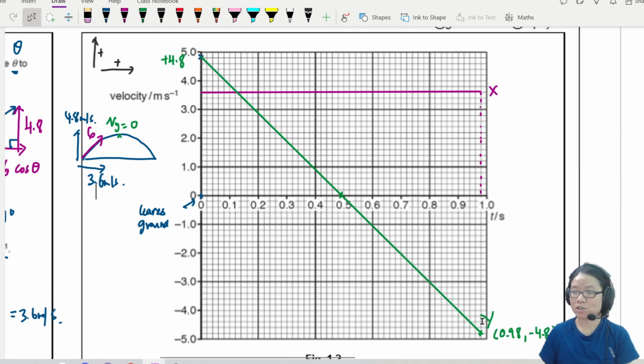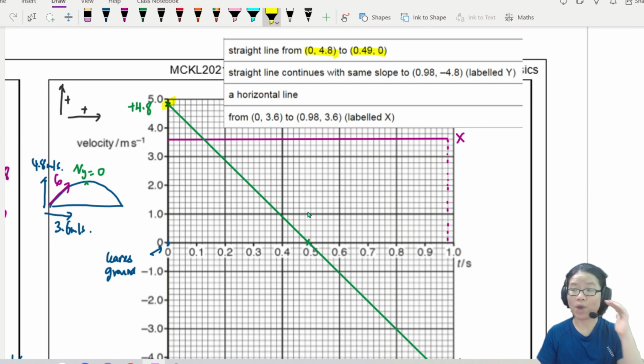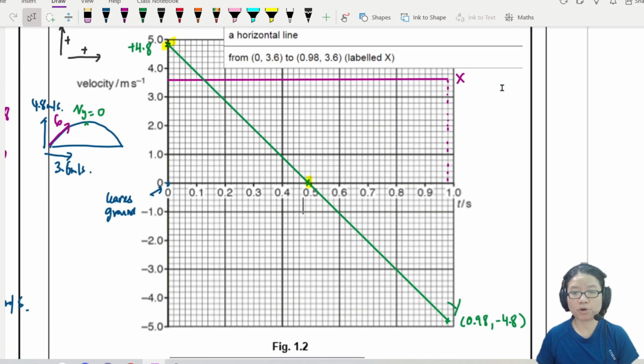All right. So if you're wondering where the marks are, I will show you the mark scheme now. So here's how you can get your 4 marks. 1 mark is when you start with 0, 4.8 here. And you end at maximum height, reach 0 here. So they check the coordinates, okay? The straight line will continue with the same slope to this ending point here.